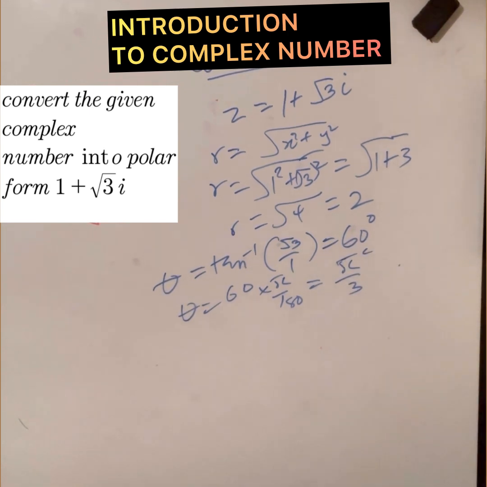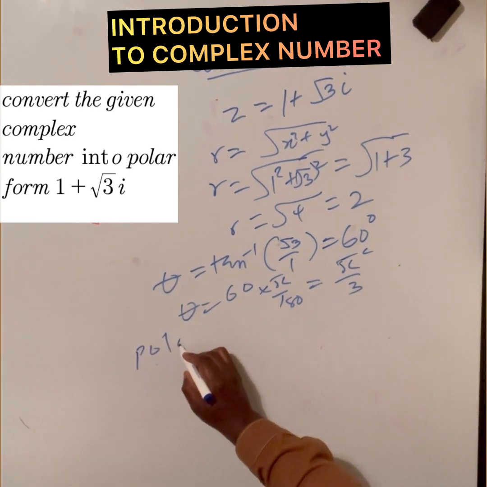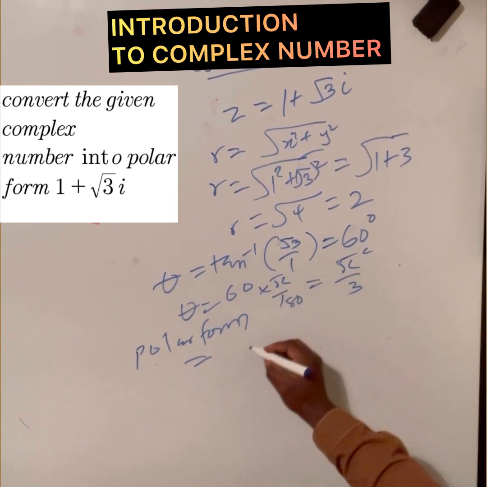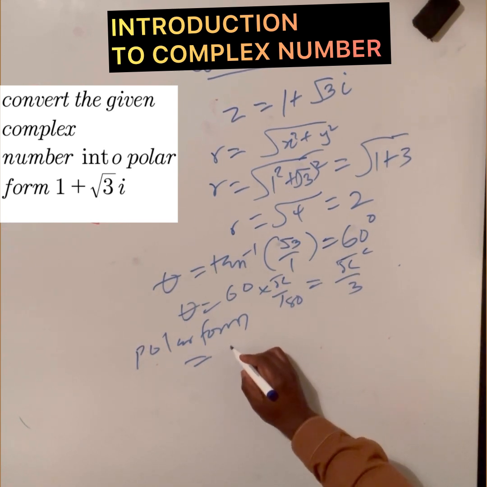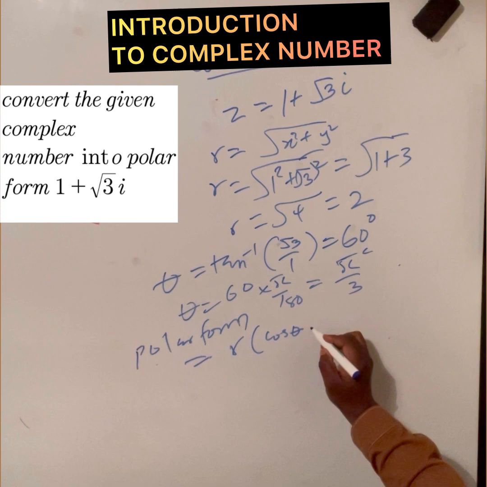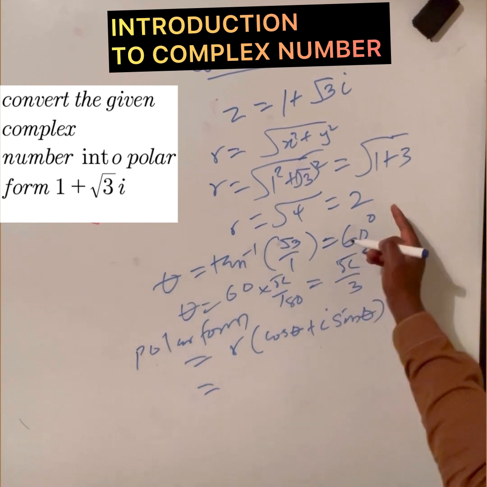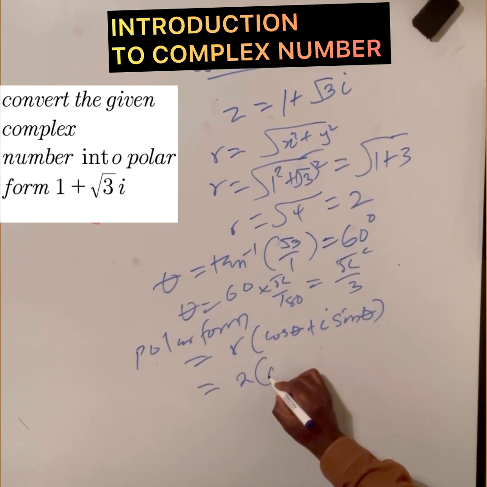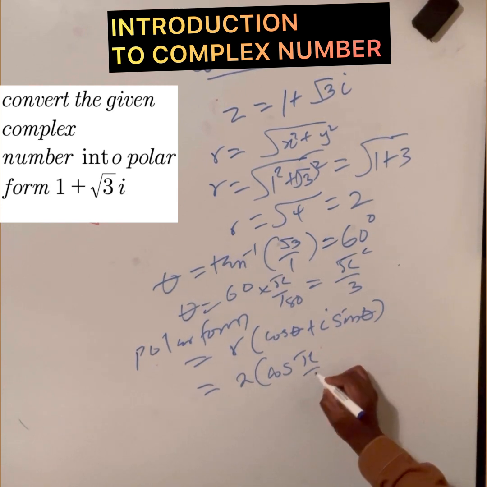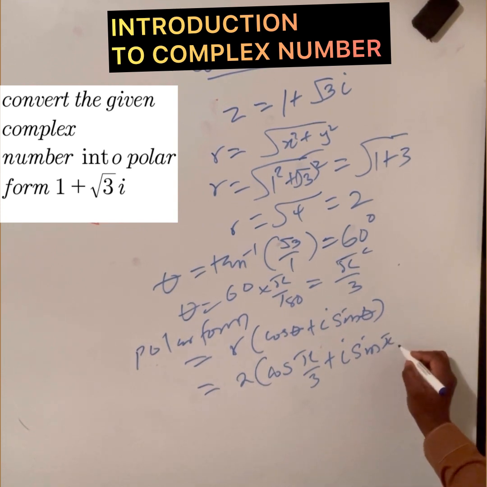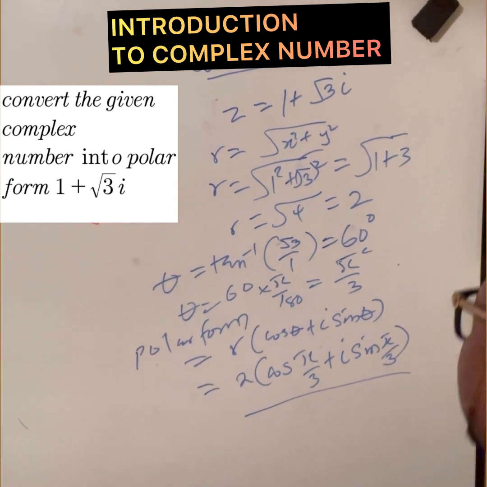So in radians, now for me to represent this in polar form, remember our polar form is r brackets cos theta plus i sine theta. So now I have r as 2, then brackets cos pi over 3 plus i sine pi over 3. So this is the answer.